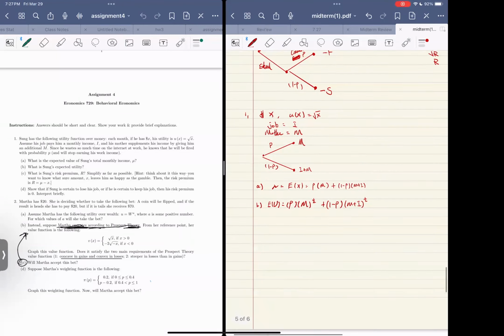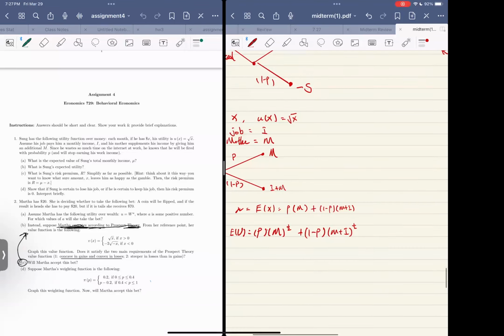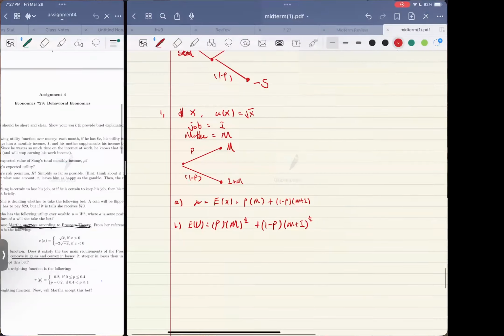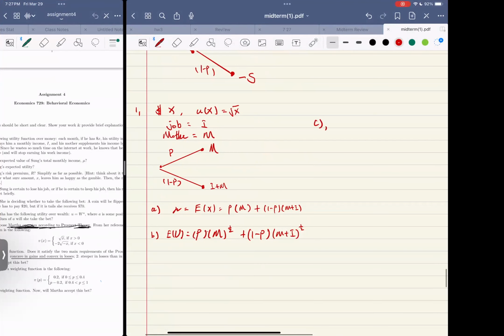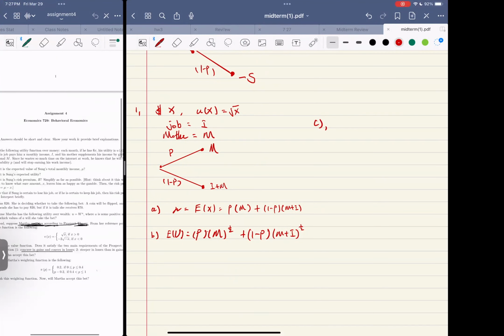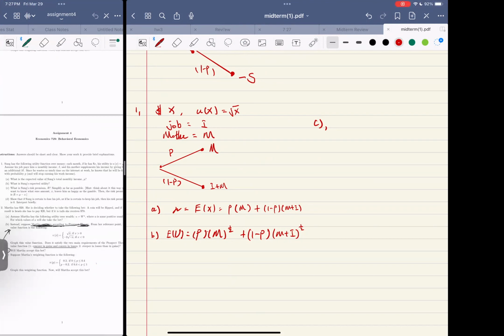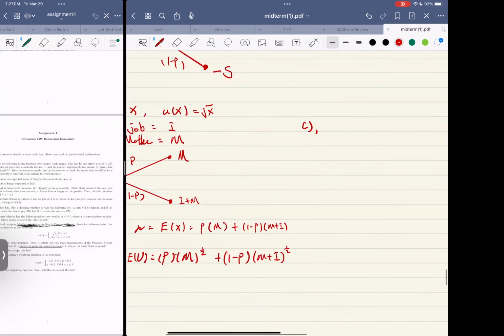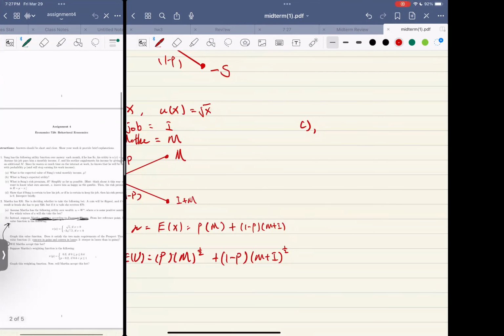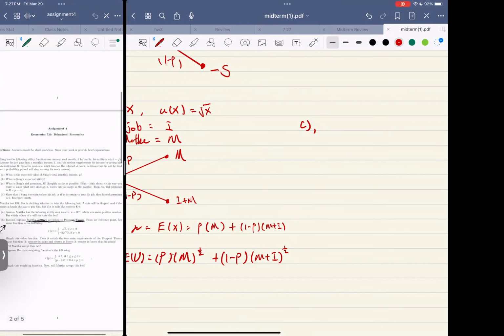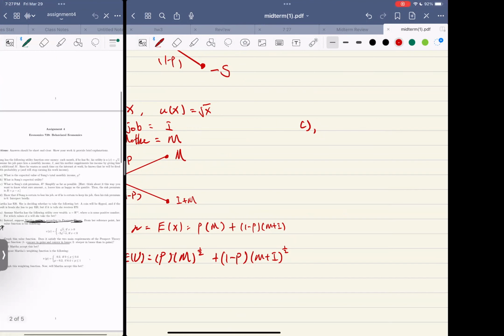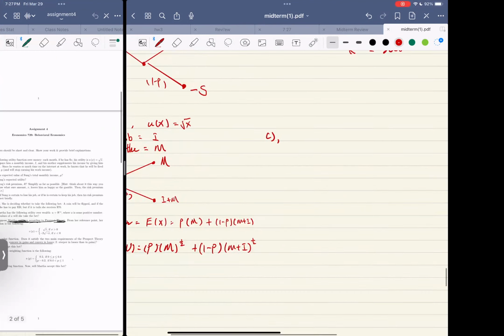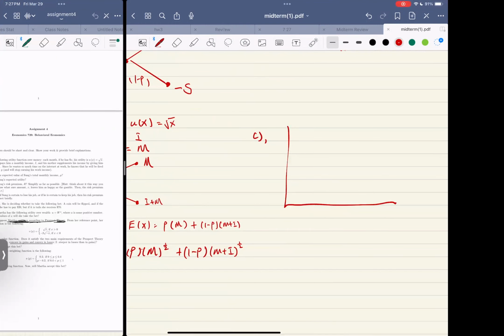So the risk premium. Let's do C, the fun part. What's the risk premium here? Okay, so let's just draw that graph again.